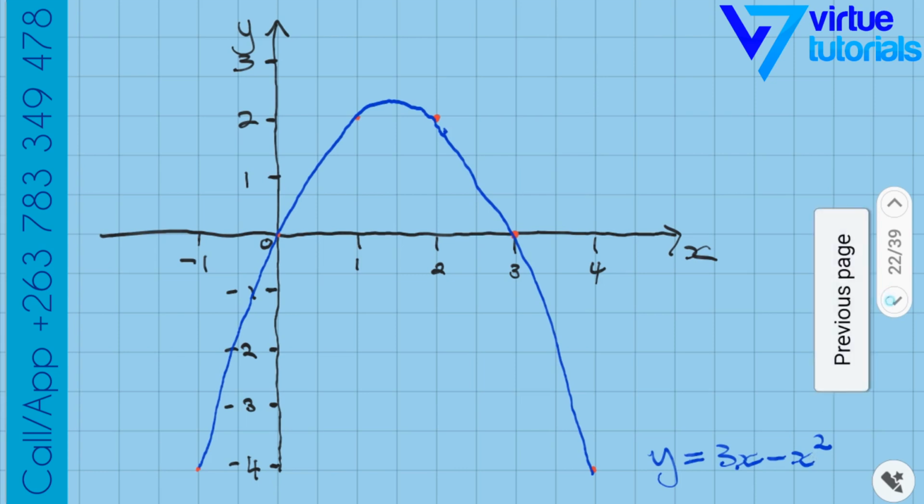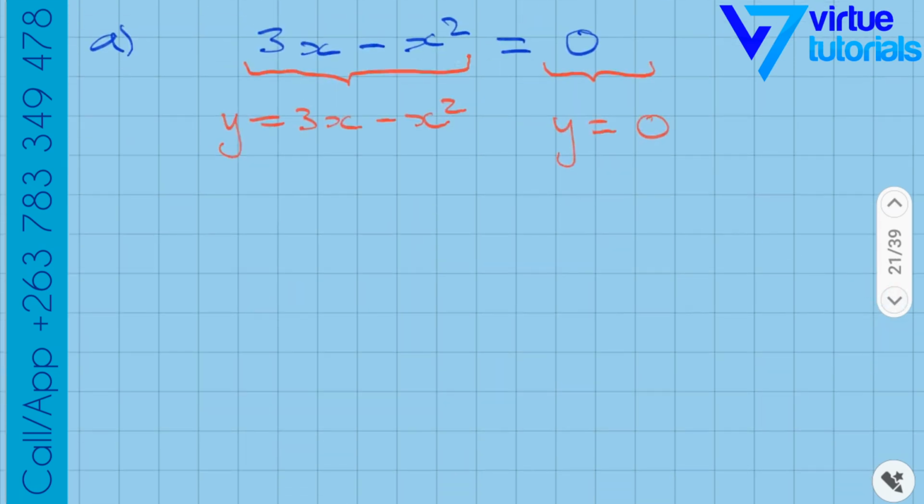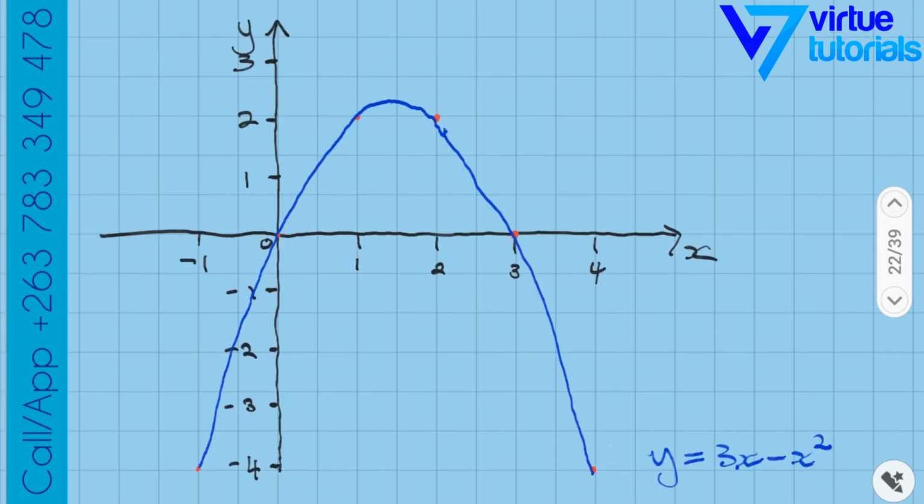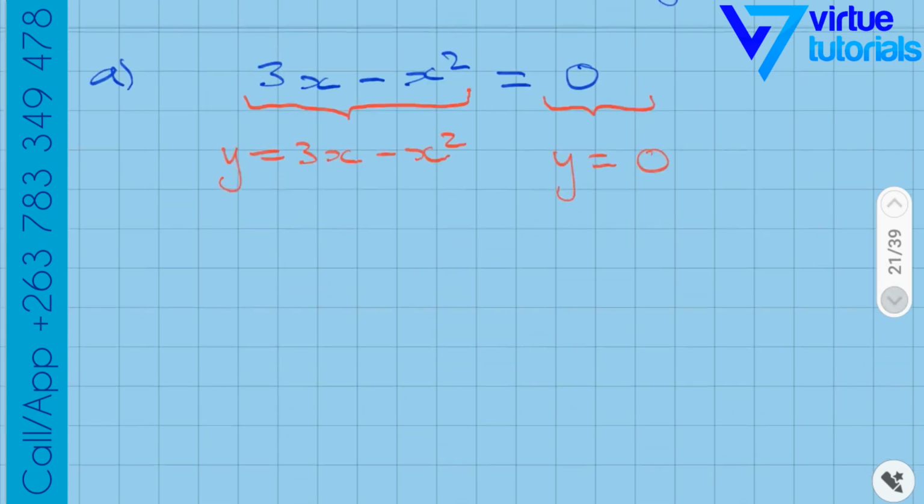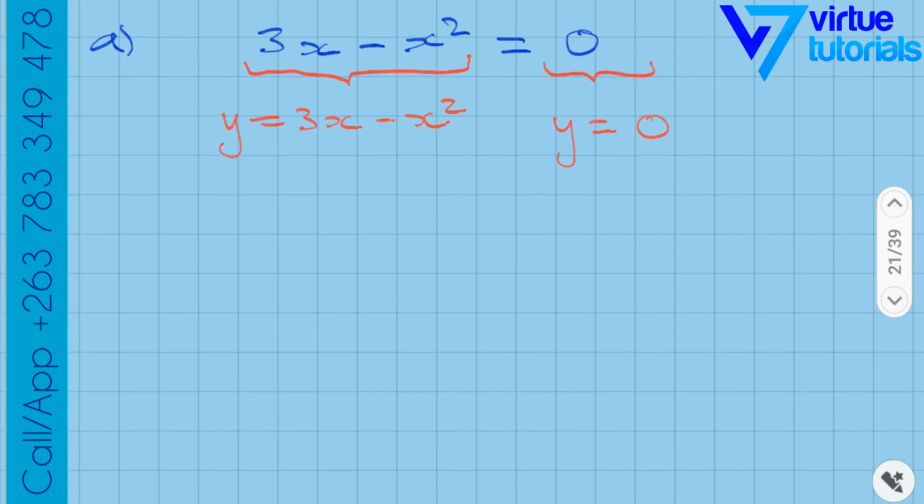So now, this part of the equation is represented by the curve. This part here is represented by the line y is equal to 0.